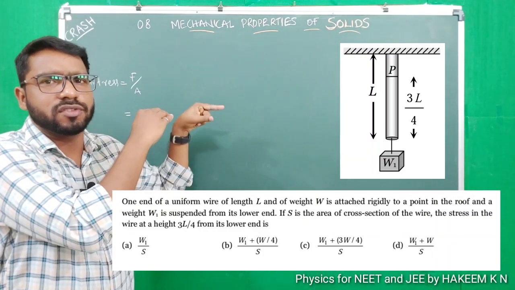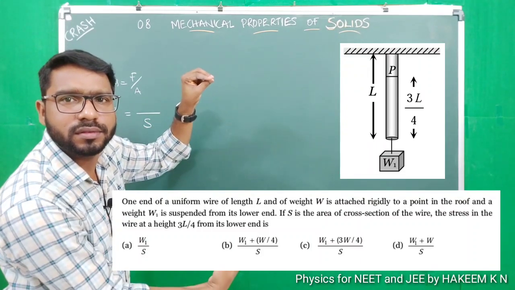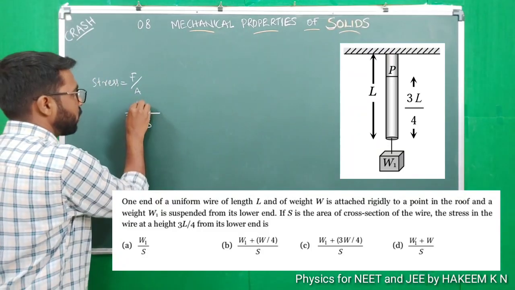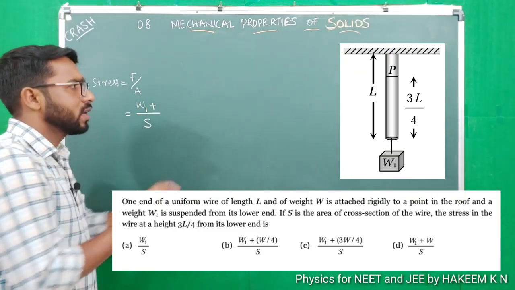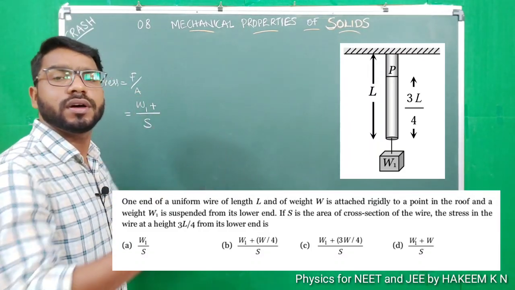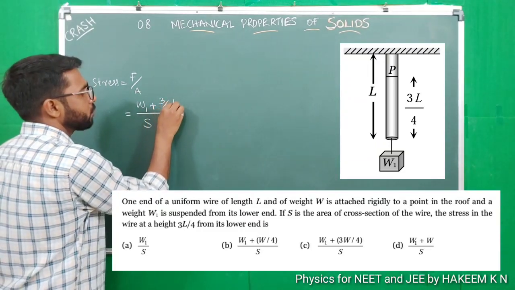And what are the forces acting there? The weight W1 suspended from the wire will act, plus 3 by 4 of the weight of the wire, 3 by 4 of W.